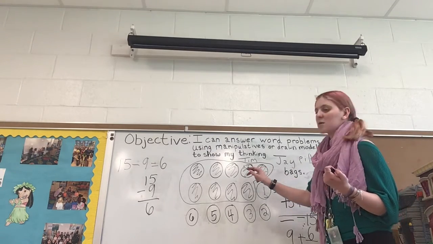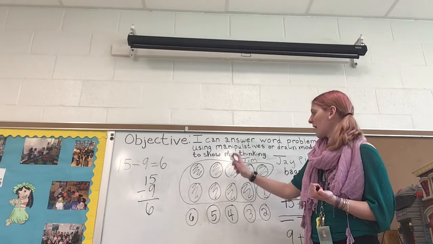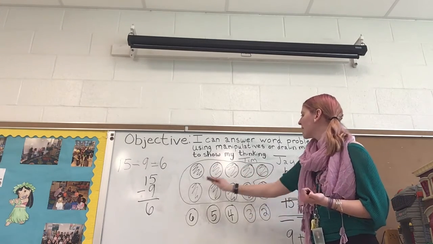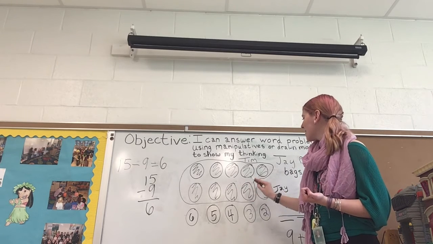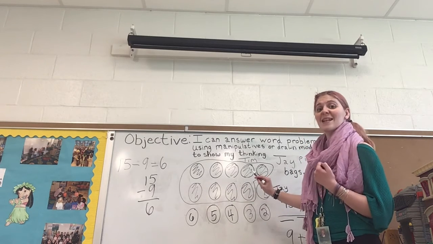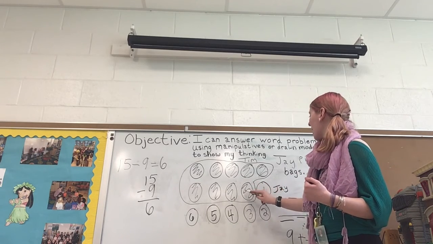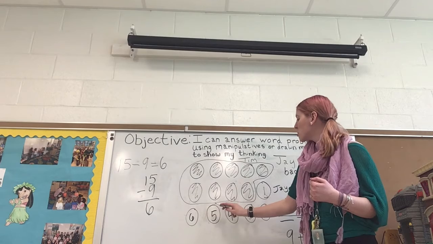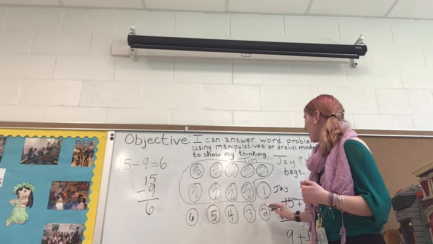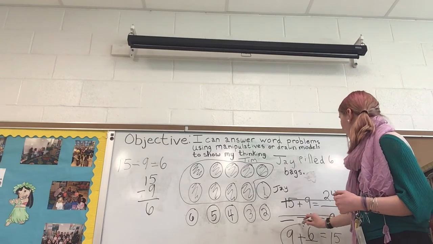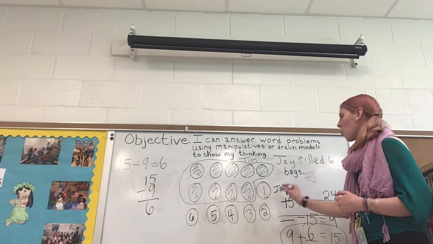If we count these circles, let's count Tim's. 1, 2, 3, 4, 5, 6, 7, 8, 9. Those are Tim's bags. Let's keep counting on and count Jay's bags. 9, 10, 11, 12, 13, 14, 15. 9 plus 6 equals 15. This is the correct number sentence for our problem.